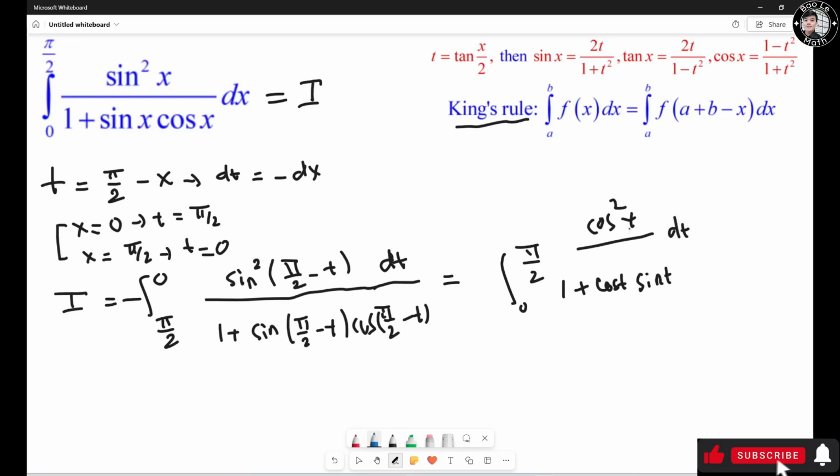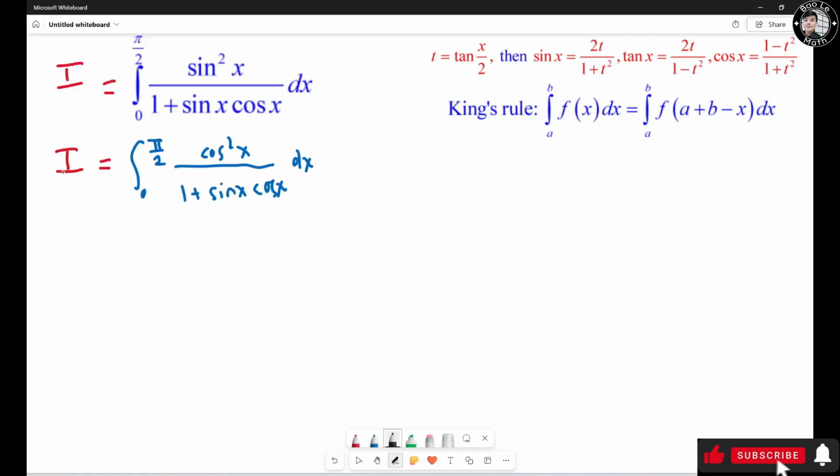Now the variables agree, so I just switch this one to s, and this is the same thing as I.